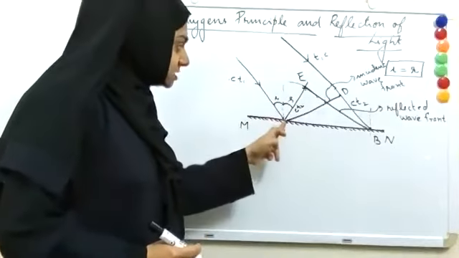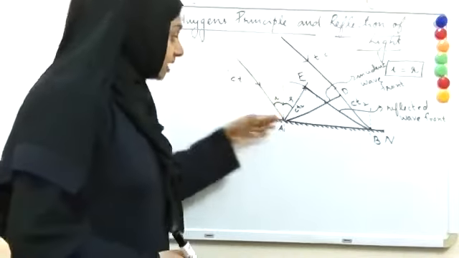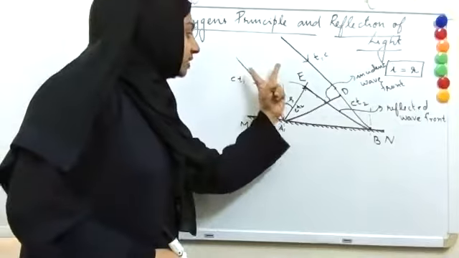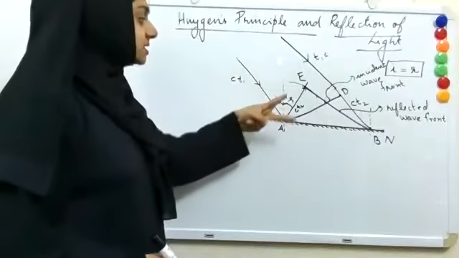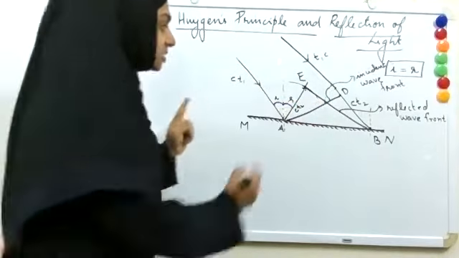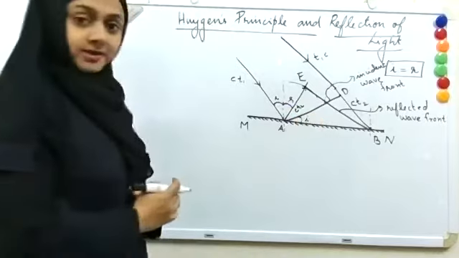We know that the incident ray and the wavefront are perpendicular, and the normal and the surface are perpendicular. So the angle between the incident ray and normal will be the same as the angle between the wavefront and the surface. So this angle also will be equal to I.